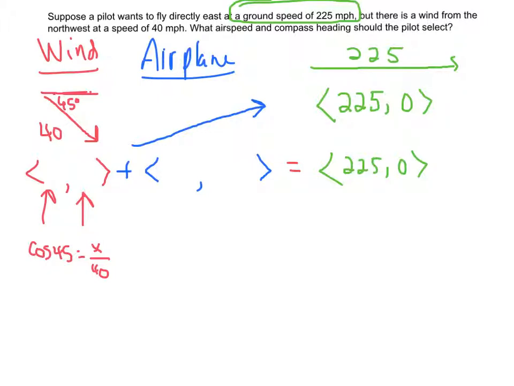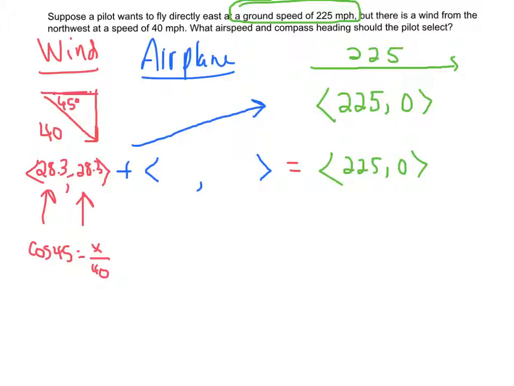So we'll say 28.3. And then the y value is also going to be 28.3, because it's a 45-45-90 triangle. It's going to be negative 28.3, because it's heading down in the southern direction, so that's why it'd be negative.